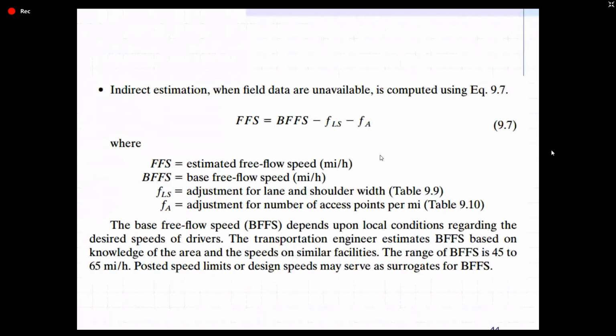If it is placed there as 70, this is your BFFS 70 kilometers per hour. Okay? So, pag walang given. So, pag wala pa rin ganun sa kalsada, gamitin mo na yung assumed value natin, which is 45 to 65. Although that is miles per hour, so medyo mabibilis yan for our condition or for our case.